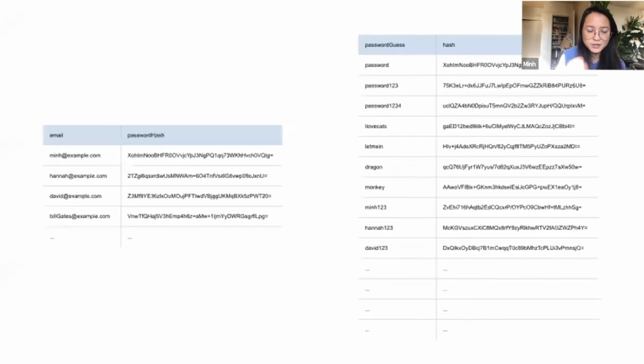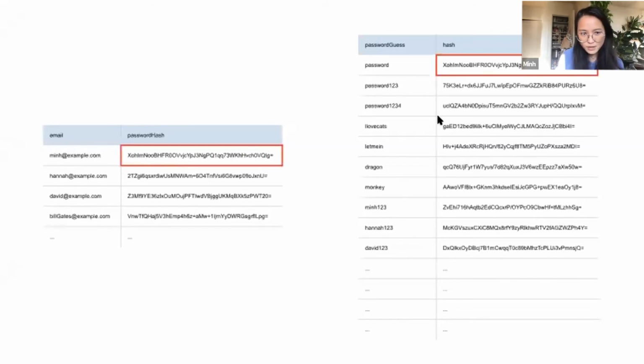Then they generate this huge list and compare it to the list they got from your database. Because they generated it, they know what the input was. So here you can see that there is a match, and so we know that for user@example.com, their password is password.